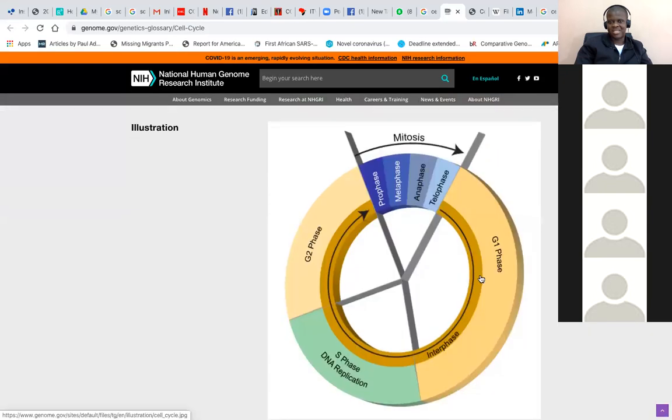So it divides, it's a never-ending process, it's continuous. The cell is always in a steady state of the cell cycle.